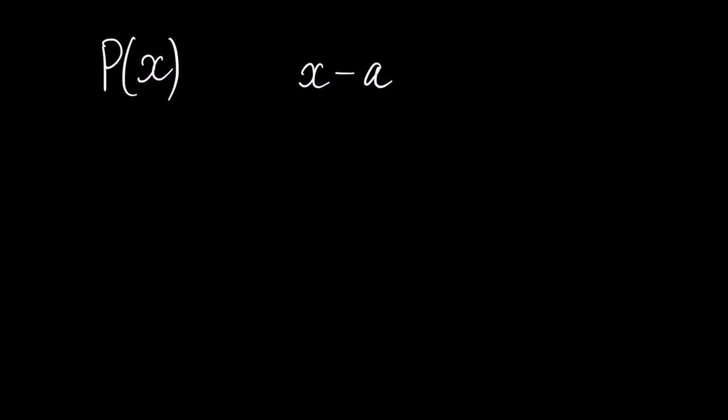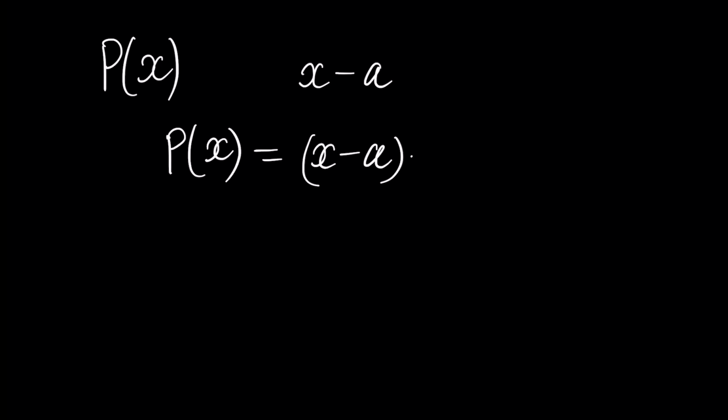If we divide our polynomial by this binomial, we will have (watch our previous tutorial on how to divide one polynomial by another polynomial) x minus a times some other polynomial q of x plus a remainder.